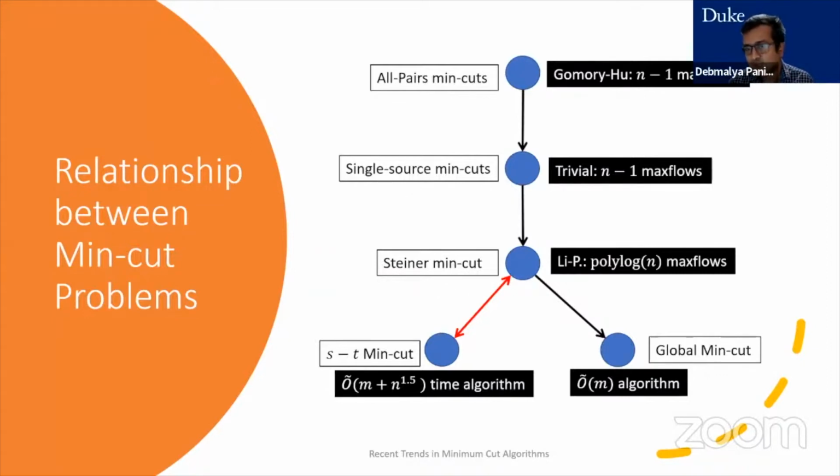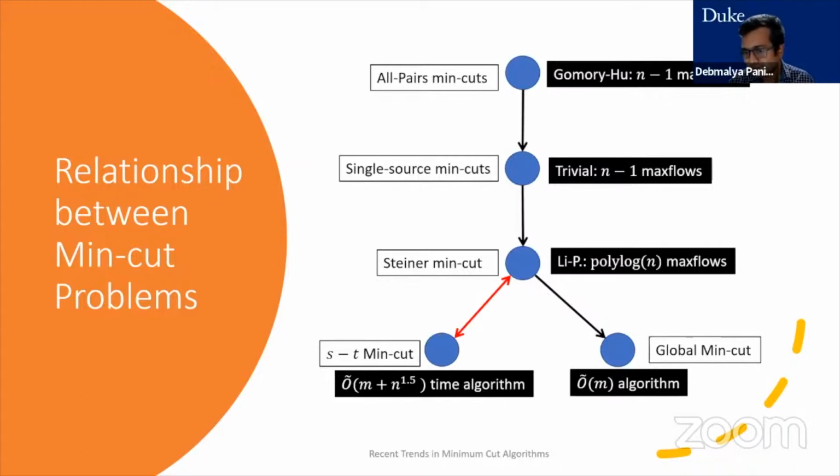As I said, for both of these problems, the two problems on top, the best algorithms we knew were running n-1 max flows. Then a further restriction is the Steiner min cut problem. Of course, if you knew a single source min cut algorithm, you could solve Steiner min cut by simply selecting one of your terminals as the source.